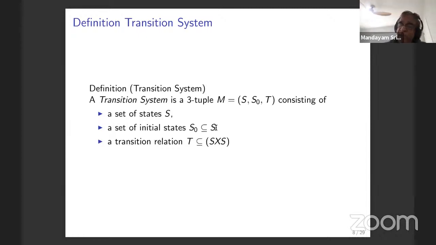So in the transition system, the environment is also a part of it. But the assumption is that the time transition is not continuous. You could describe it in terms of discrete relations and so on.